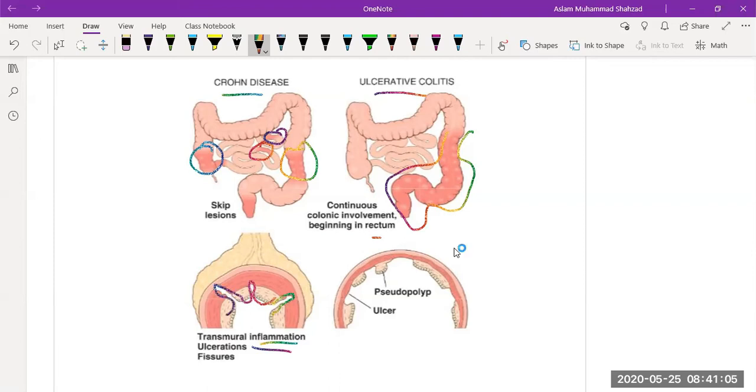If you see these finger-like projections, they are showing you the presence of the fissure. Because that fissure is not restricted to one membrane, it extends to the other membranes or mural surfaces, so we mention transmural inflammation. You can see this ulceration formation and pseudopolyps formation.